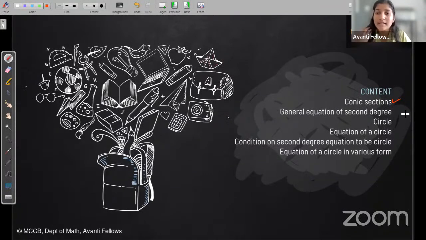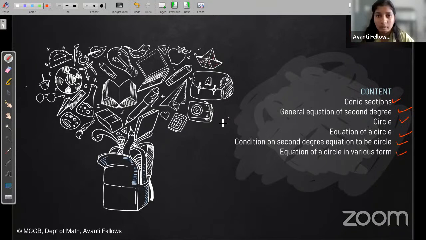After that, we see the general equation of second degree. Then we'll see what actually the circle is, its definition and equation of the circle, and what is the condition on a second degree equation to be a circle. And after that, we'll see equation of circle in various forms. So this will be the content of our today's class.